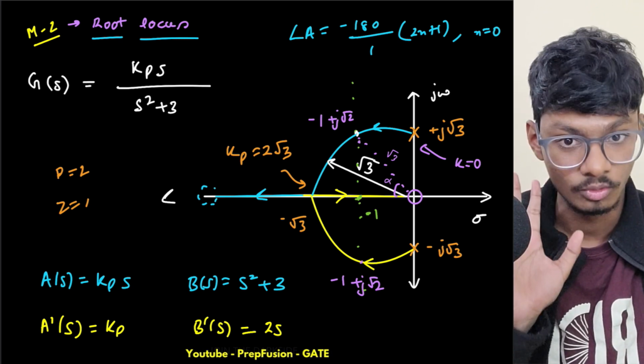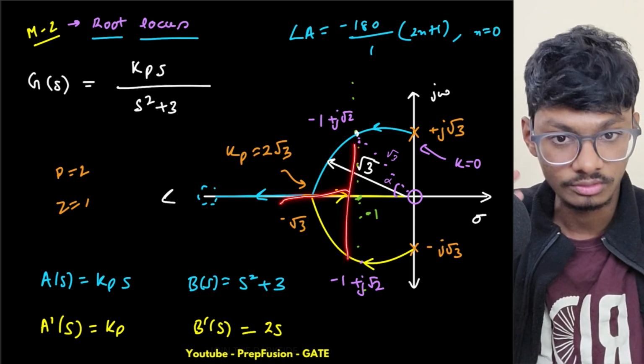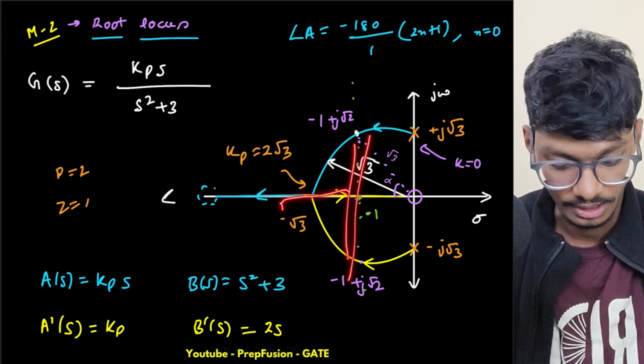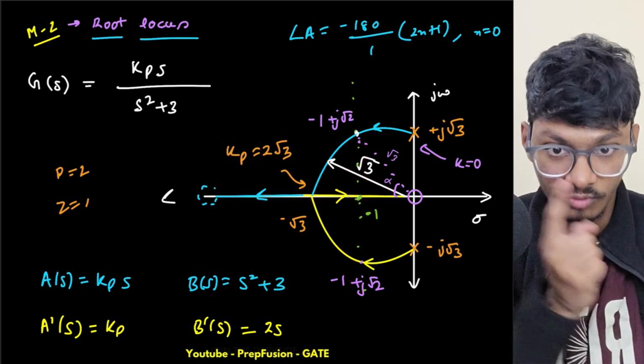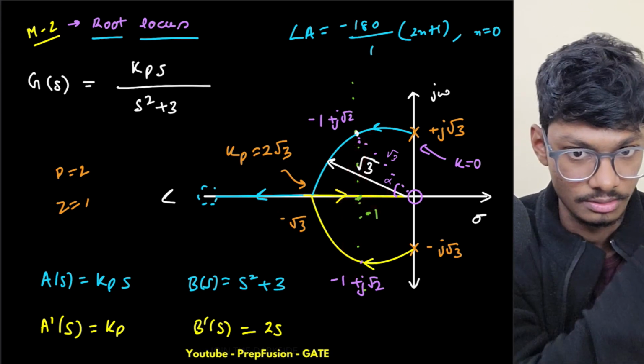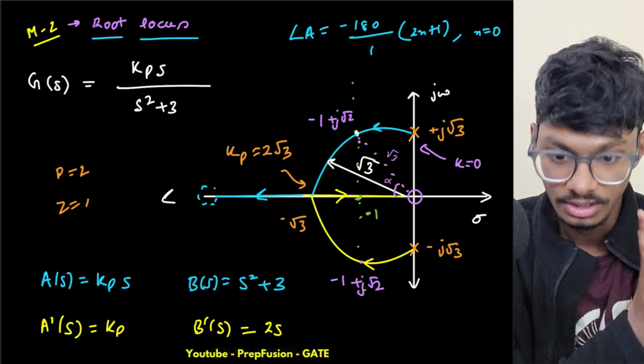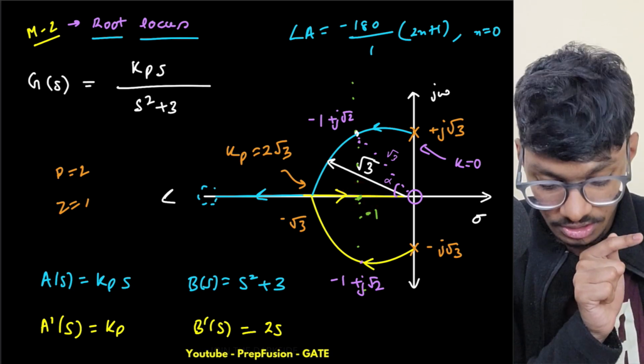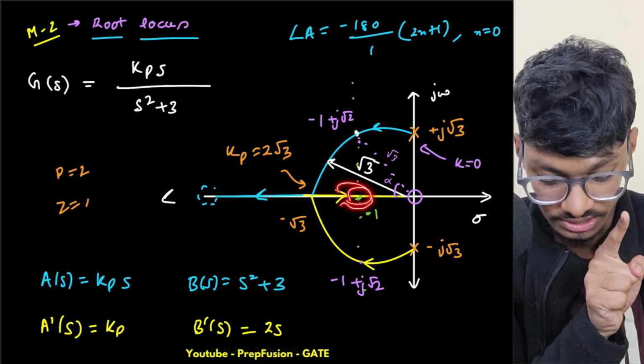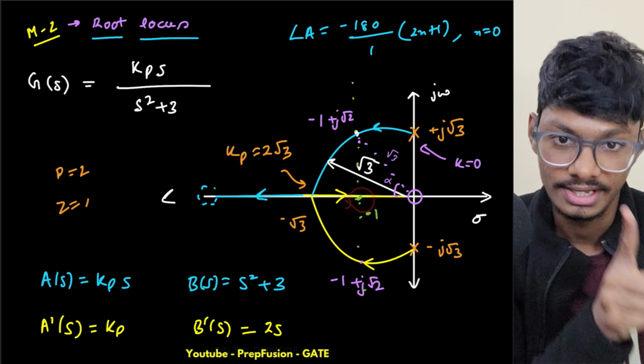Like I told earlier, all my poles should lie on the left-hand side of the minus 1 line, but one pole will go past the minus 1 line near the origin. Since k is increasing, the maximum value of k is when one of the poles is at s equals minus 1.